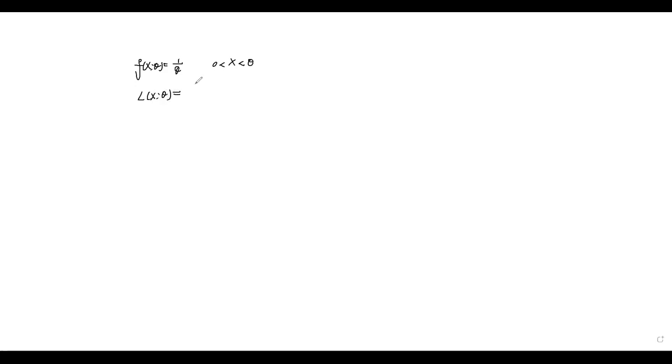So the likelihood function here will be 1 over theta to the nth power, times the indicator function of x1 from 0 to theta, times the indicator of x2 from 0 to theta, up to the indicator of xn from 0 to theta, just like we did in our previous video on how to find sufficient statistics.